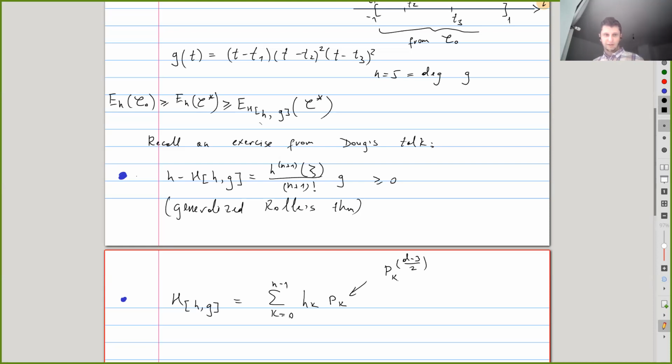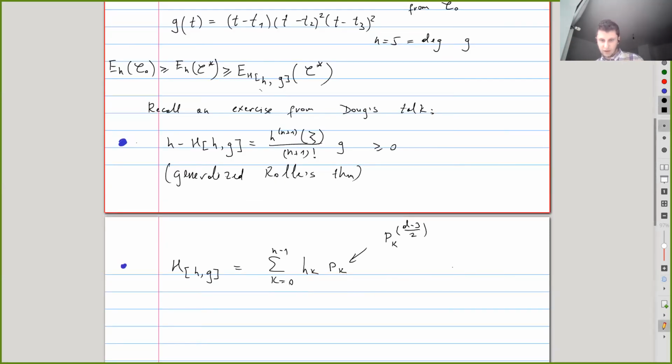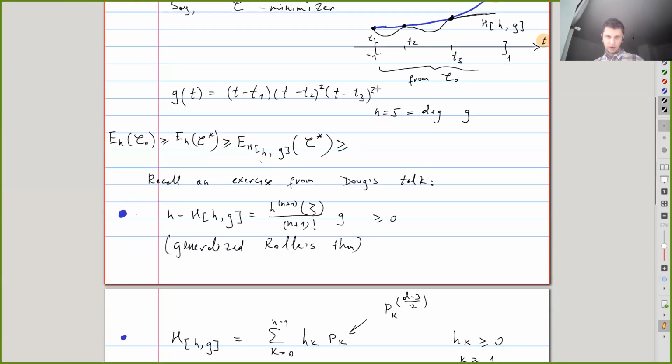You write this expansion, and then you check that h_k is non-negative for k greater than or equal to 1. If you reach this point happily, then you apply what Doug called linear programming.